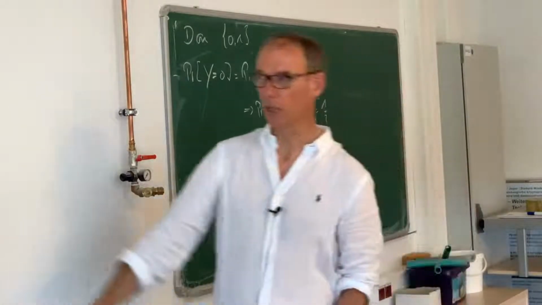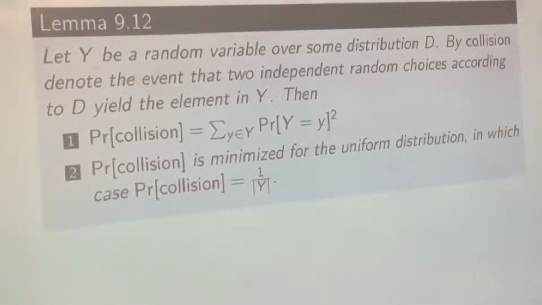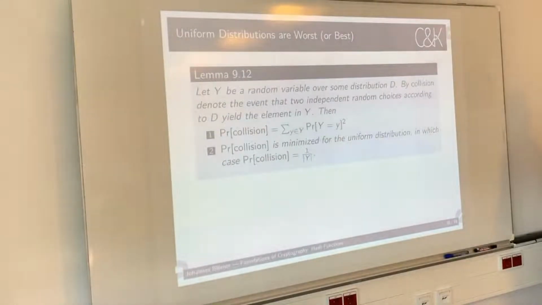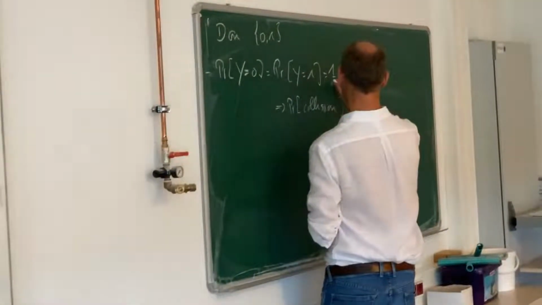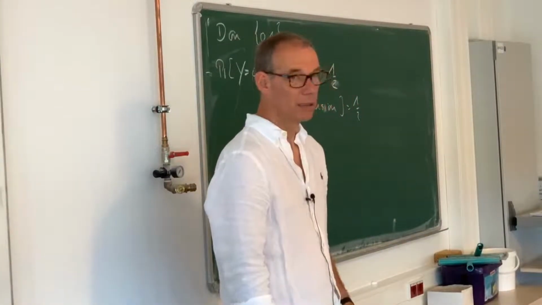You can use the formula, but you can also simply think about it. Pick the first element, you get any element, doesn't matter. But conditioned on that, the probability that the second element is the same is 1/2.